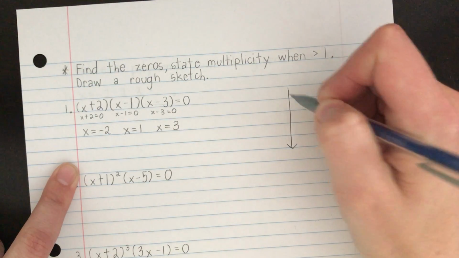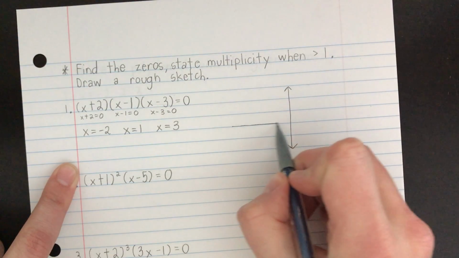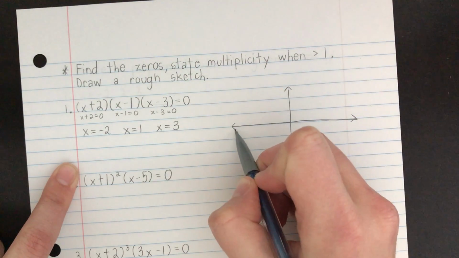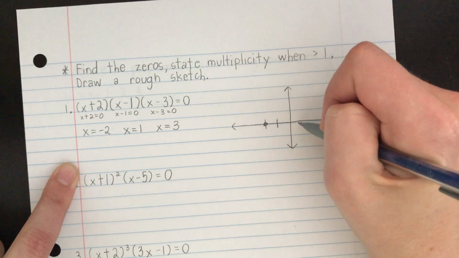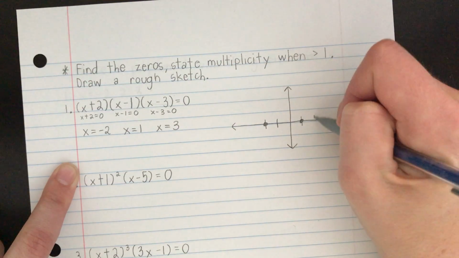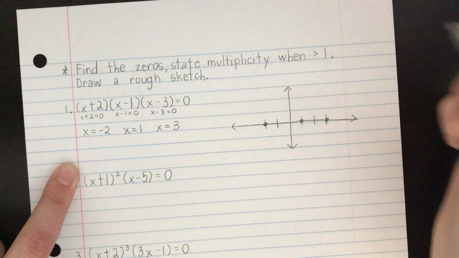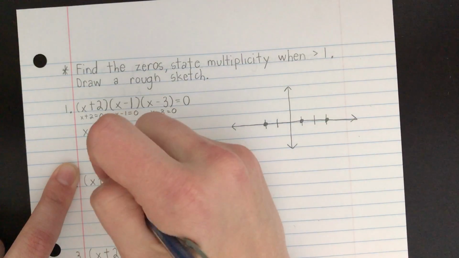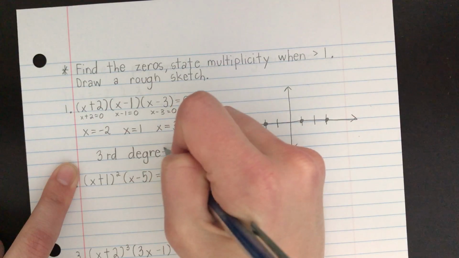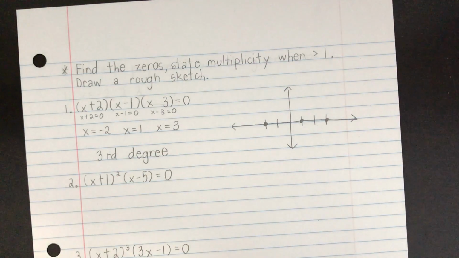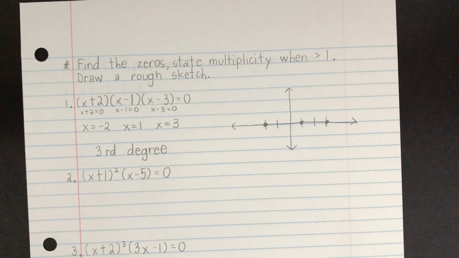Okay, so when I come over here and draw my sketch, I know I'm going to have a root at -2, a root at +1, and a root at +3. Okay, I've got 3 roots. That means I'm 3rd degree. Odd degree means that I will have arrows facing opposite directions.